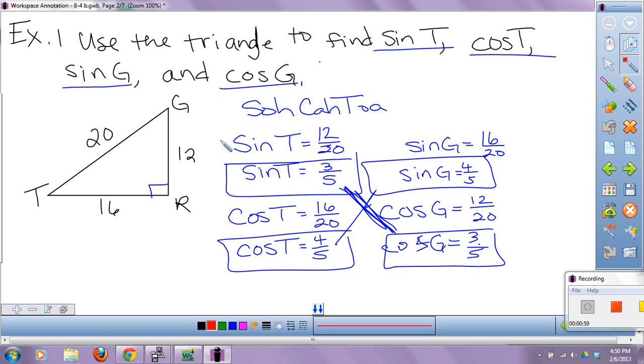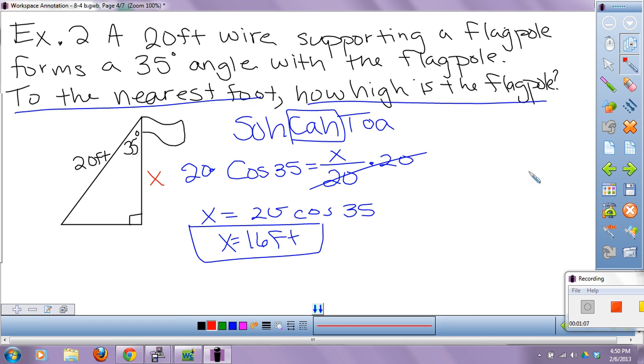So we looked at this first example where we set up our sine and cosine ratios for different angles. And then we actually used sine and cosine to find different sides of a triangle. We looked at this flagpole and its supporting wire and saw that we couldn't use anything other than sine, cosine, or tangent to find the height of our pole.